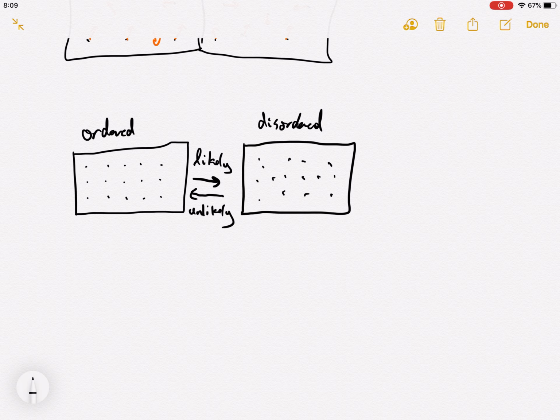How likely is it that this system is going to go back, after being disordered, to all of the molecules being exactly where they started? The answer is, it's just not very likely. It's not impossible, but it's so unlikely as to not happen once in the history of the universe. So we can say it's just not going to go backwards.